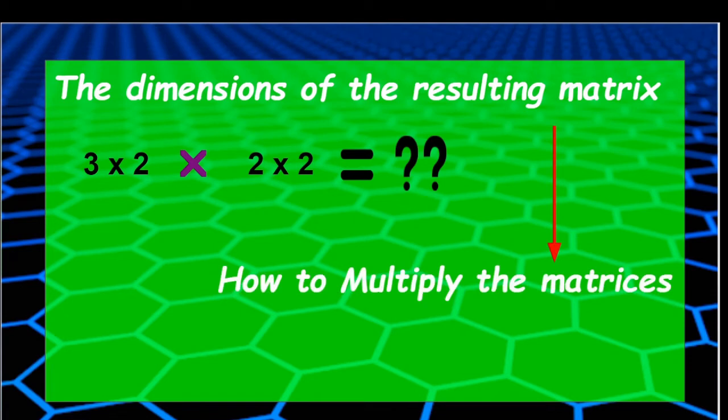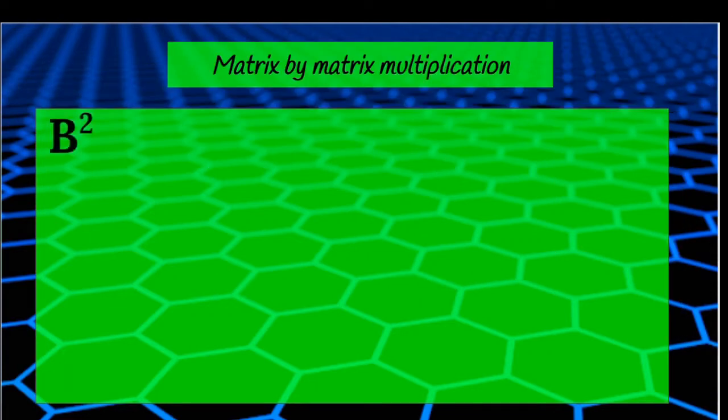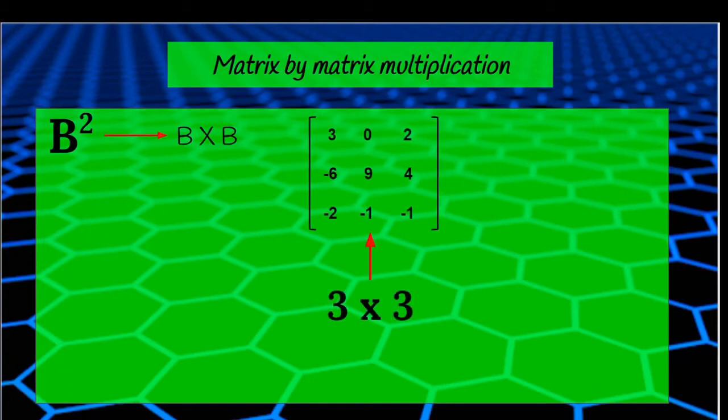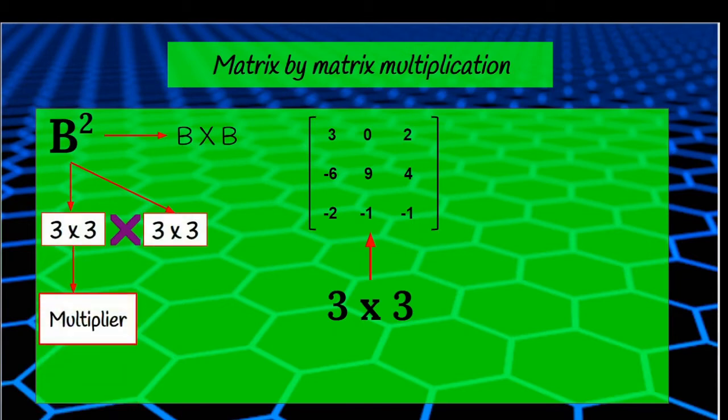For finding the dimension of the resulting matrix, let's begin with B squared. B squared means B times B, and B is a 3 by 3 matrix, which is equal to this. So to find B squared, we have to multiply a 3 by 3 matrix by another 3 by 3 matrix. The first matrix is called the multiplier.